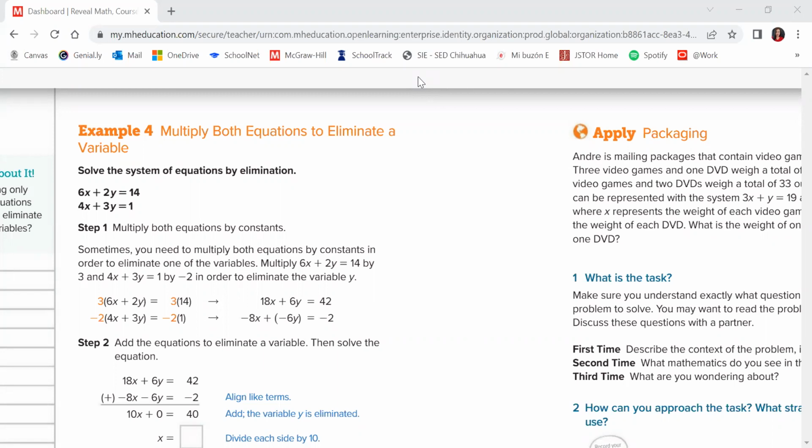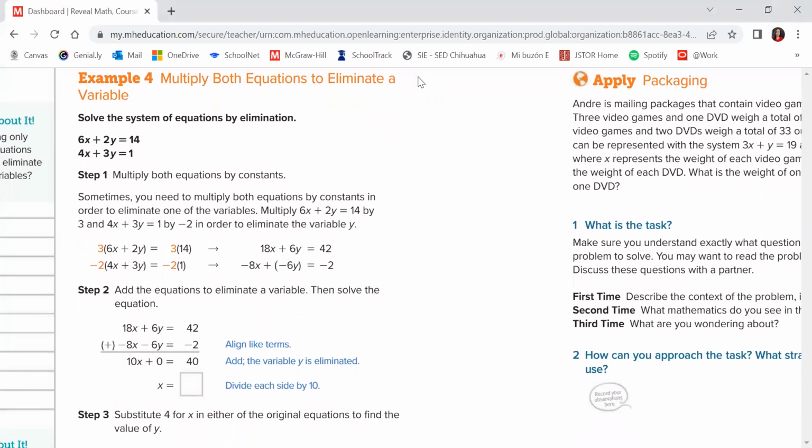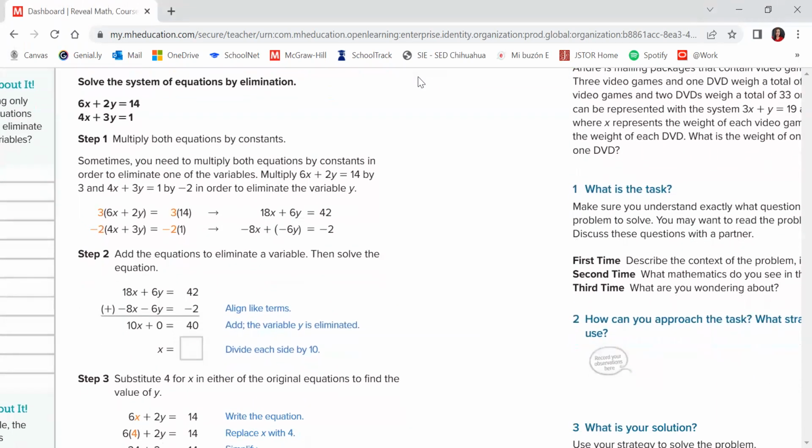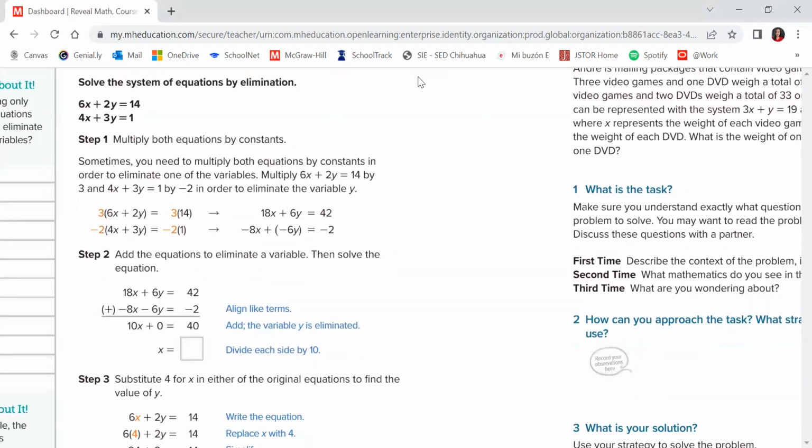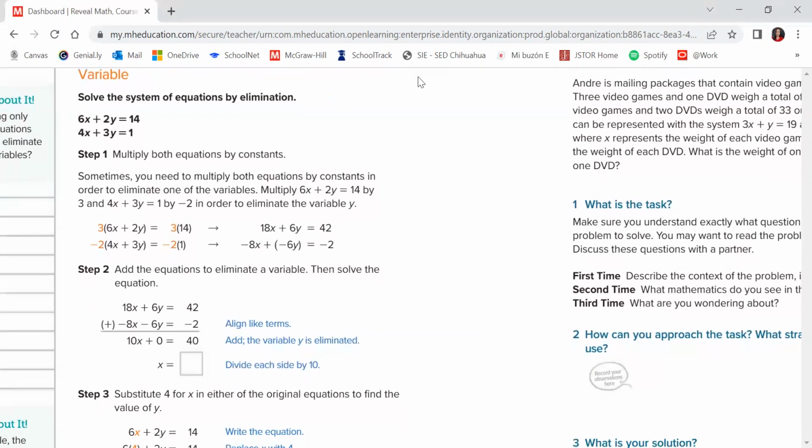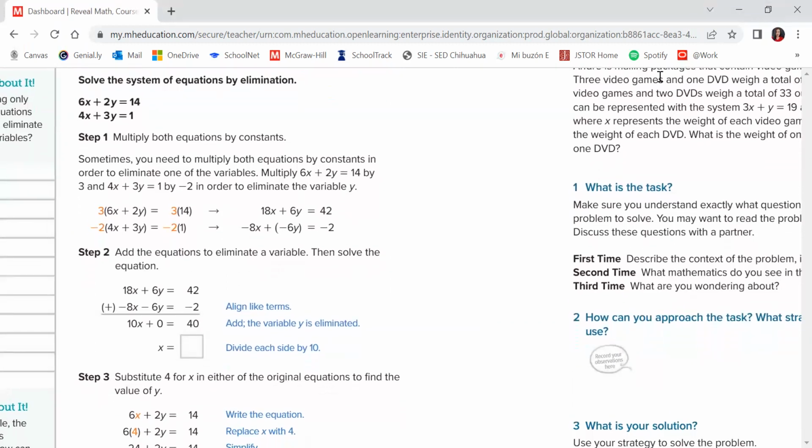Okay, for example, right here, we have to solve the system of equations by elimination, and we need to multiply both of them. Okay, so if we multiply both of them by 3 and -2, we will get our solution.